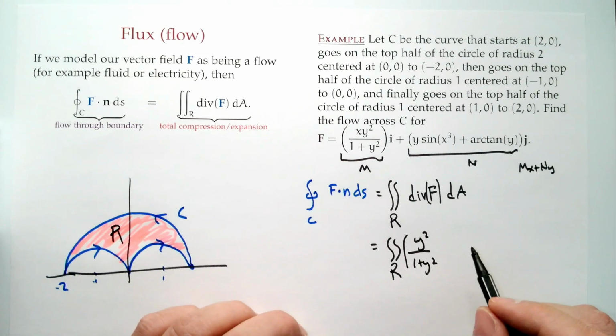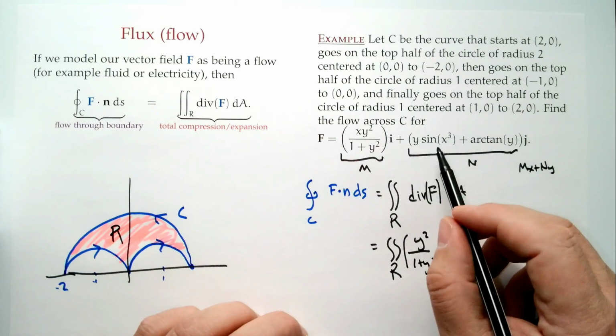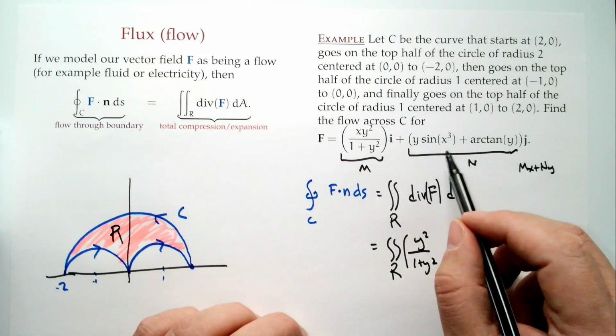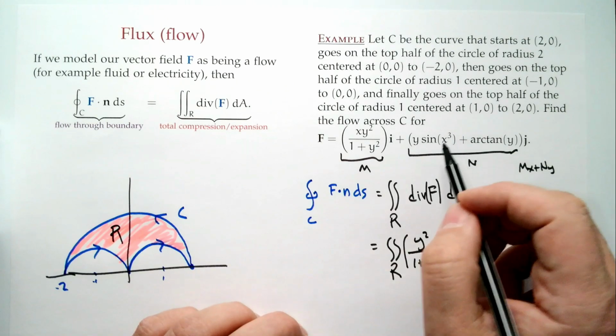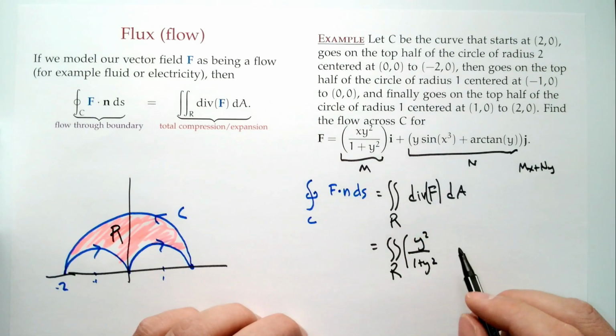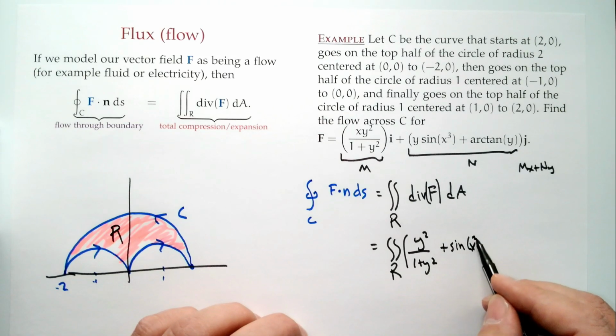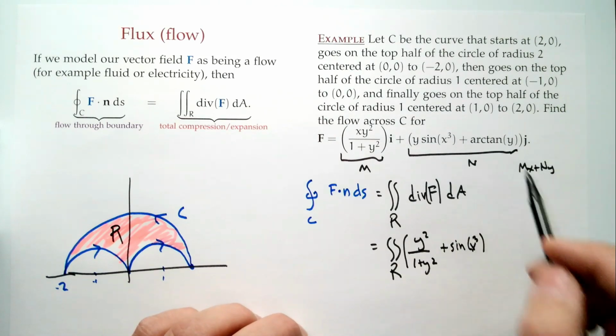Well, maybe things will look up when we come here. Now go to the second term. Take the derivative with respect to y. Okay, derivative of y sine x cubed with respect to y. Sine x cubed, oh man. Okay, derivative of arctangent y.